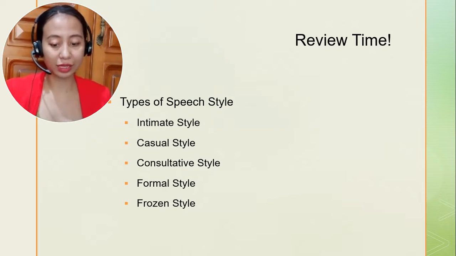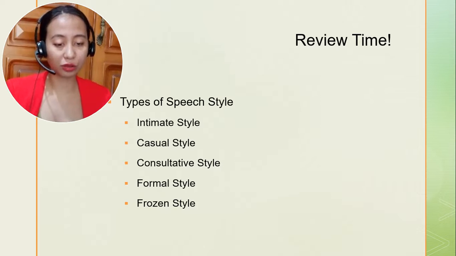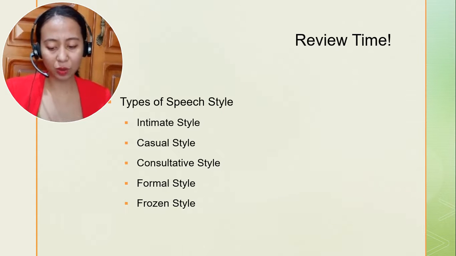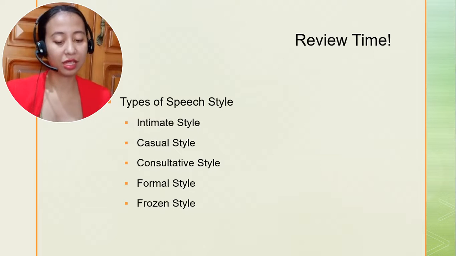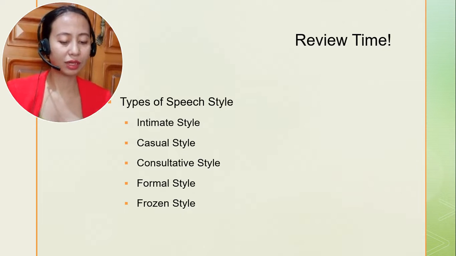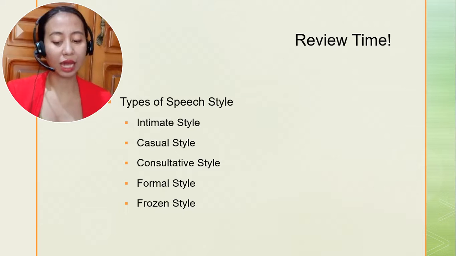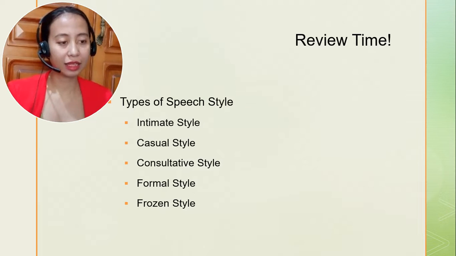Next is casual style. This is almost similar to the intimate style. But this casual style is used among friends and co-workers when an informal atmosphere is appropriate. And these are such as outside the classroom where students have a chat. And in addition, there is an absence of background information.